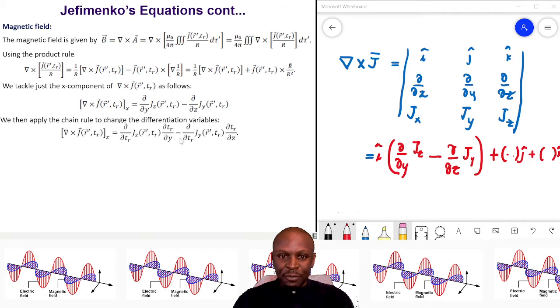Right, now from there, when applying the chain rule to change the differential variables, I can multiply by dy. I can multiply these terms.